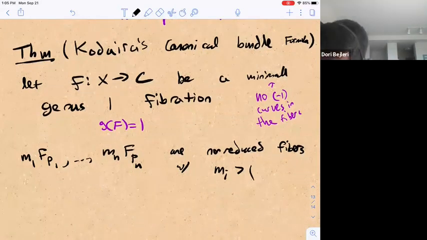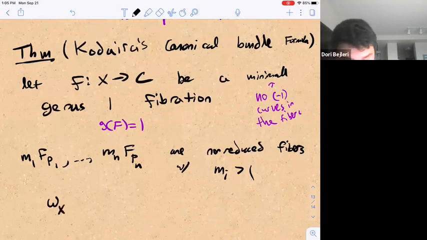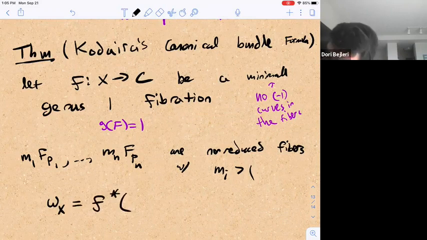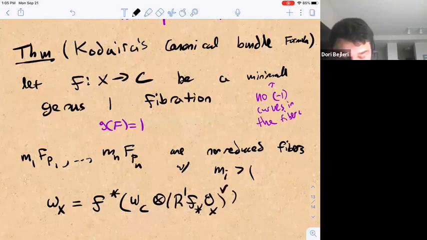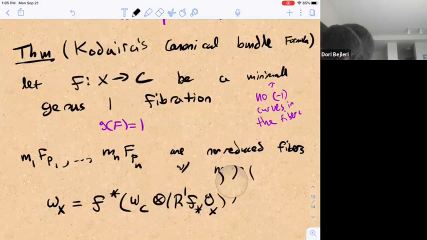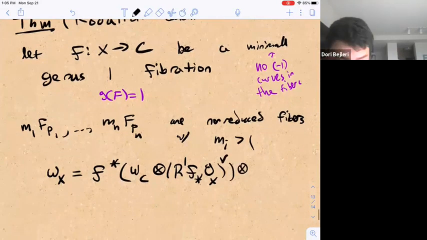Then there's the following formula for the canonical bundle of X. It's given by first pulling back the canonical bundle on our curve, twisted by a certain line bundle, and then tensored by a contribution from these non-reduced fibers.